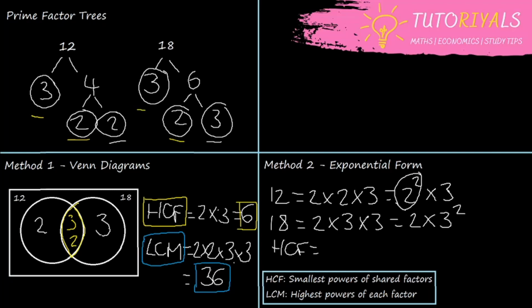If we look at the factors of 2 in 12 and 18, 2 to the power of 1 is smaller than 2 to the power of 2. And if we look at the factors of 3, 3 to the power of 1 is also smaller than 3 to the power of 2.